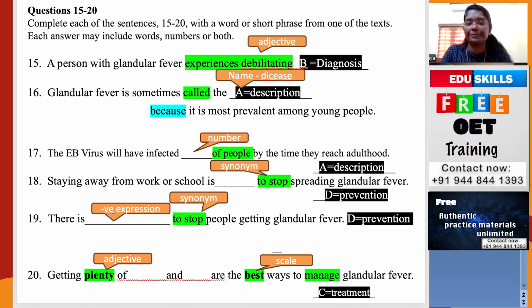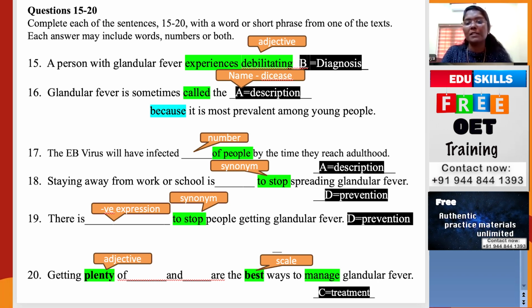Then, no vaccine to prevent. Prevent is also a negative expression. Then below that we can see environment. The adjective of the environment is moist. Moist is the adjective. Then below that we can see good hand hygiene. The adjective of hand hygiene is good.